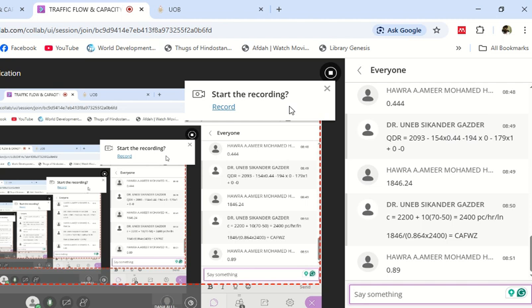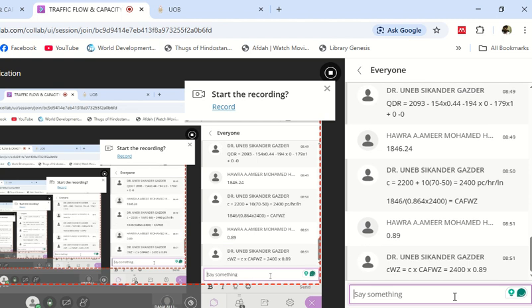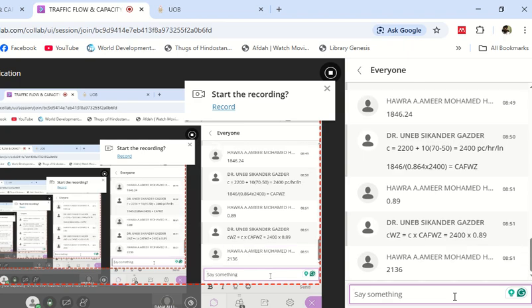Okay, 0.89. Now if you want the capacity of the work zone, it's not written here, but I will tell you: I take the normal capacity and multiply by the capacity adjustment factor of the work zone, which they are asking in the question. The normal capacity is 2400, the one I got from here, multiplied by the adjustment factor. This will give you the capacity of the work zone. So the capacity of the work zone is done.